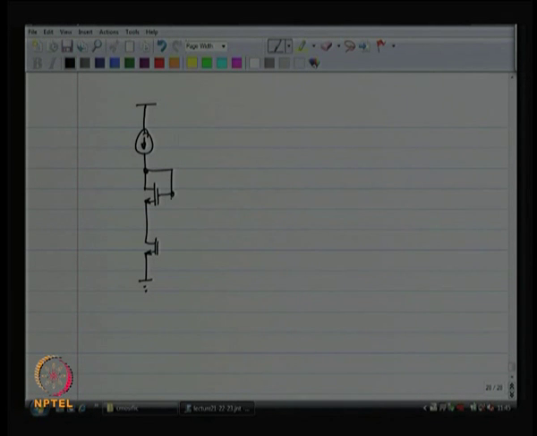This is a current source, a current mirror. We want a certain current. This would be the way to generate a current mirror, and over here I have my inductive load and probably my final load capacitor.